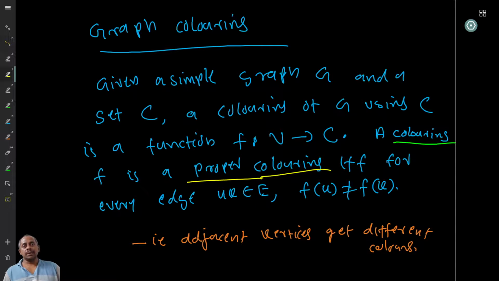Most of the time, we will just write coloring to mean proper coloring of the vertices, where adjacent vertices get different colors. If we are using a coloring which is not proper, we will mention it. So if I just say coloring without mentioning that we are not looking at proper coloring, it is assumed to be proper coloring. This is the convention that we make.